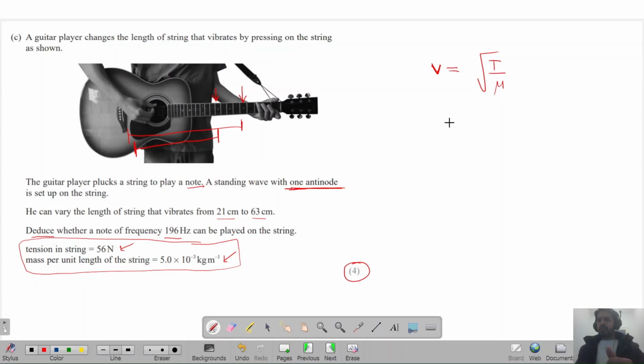Another very basic equation that we know is V equals F lambda. And we need this equation because, after all, we need an equation that contains frequency, right? So we have to deduce whether a note of this frequency can be played. And we also know that we need something that can be related to the length of the string.